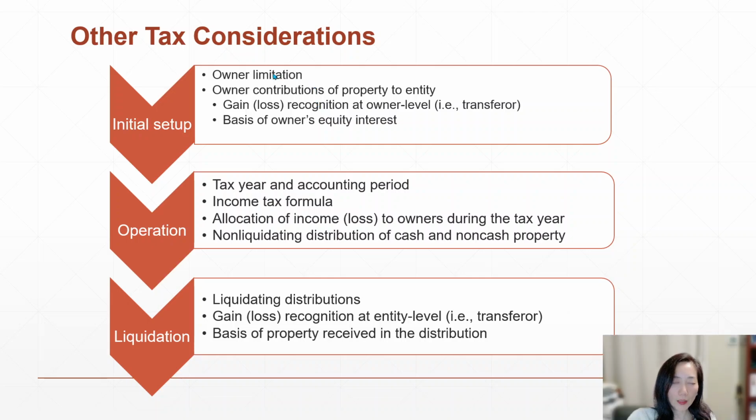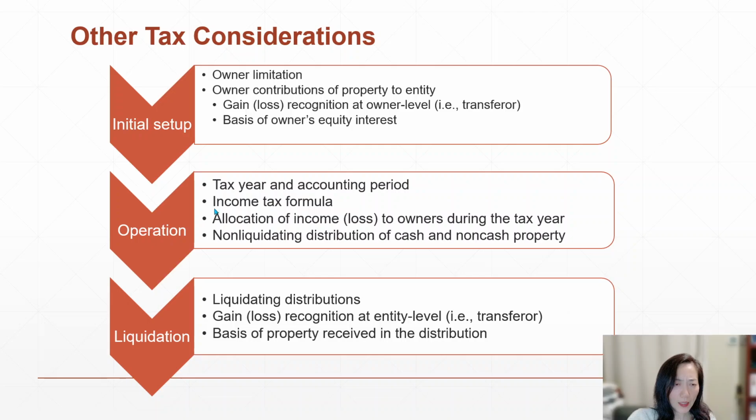As you see in the chapter description, the entity formation, gain and loss recognition, and basis keywords come up over and over again. No matter what business entity we're talking about, those things always apply.